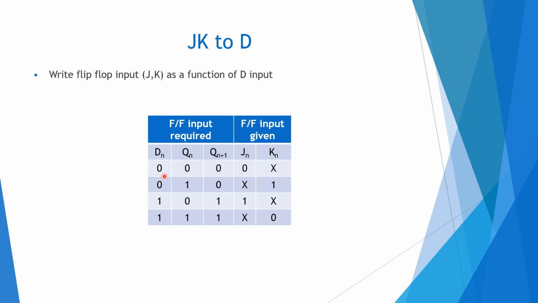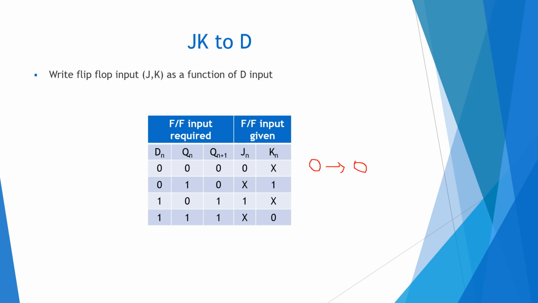So how we have to write here is, when the state changes, what will be the inputs of J and K when Qn changes from 0 to 0?